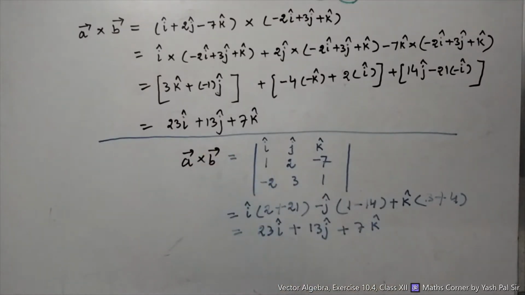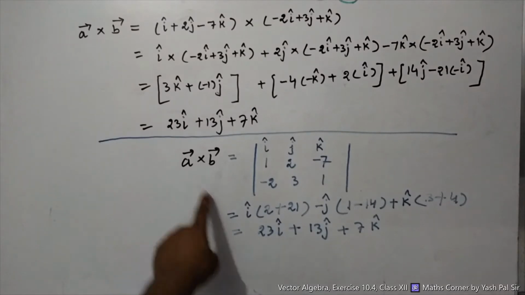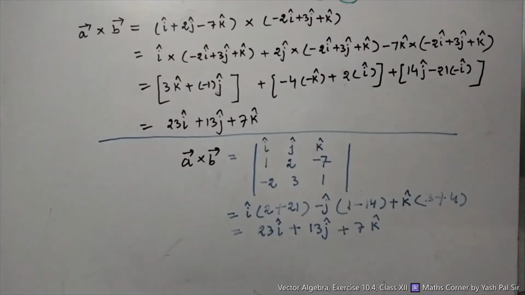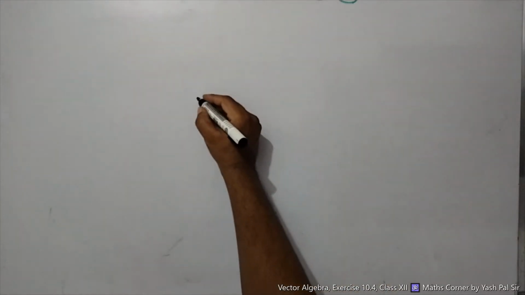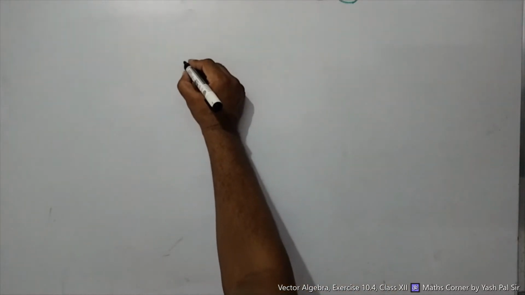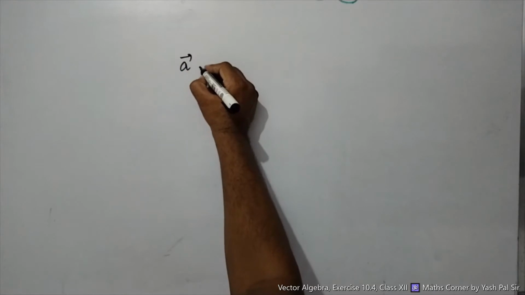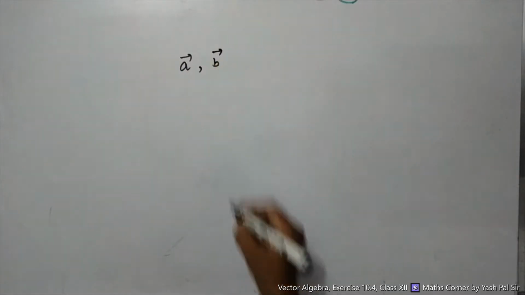So this is the shortcut we can follow to find the cross product of two vectors. Now in terms of vector product of two vectors, suppose vector A and vector B are given.